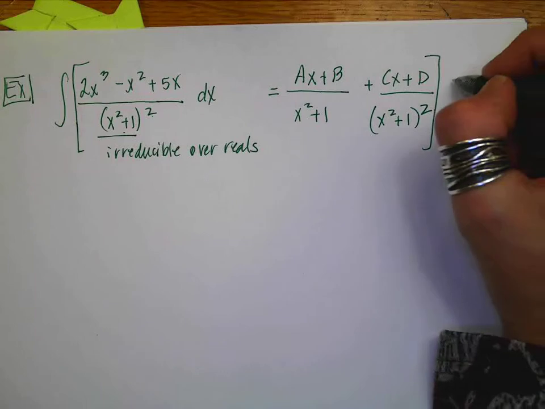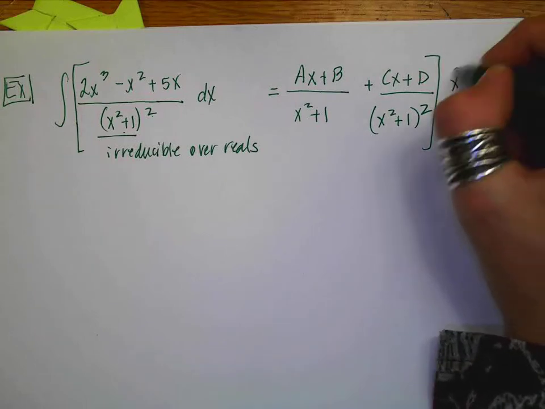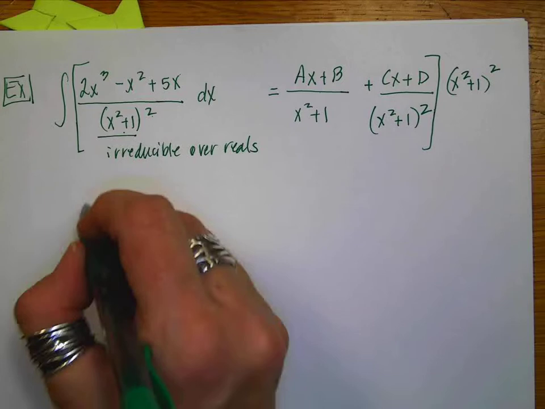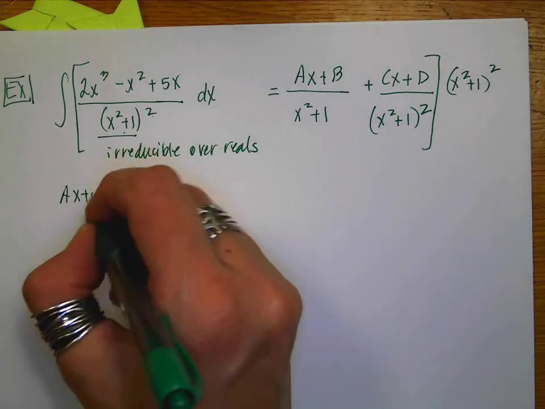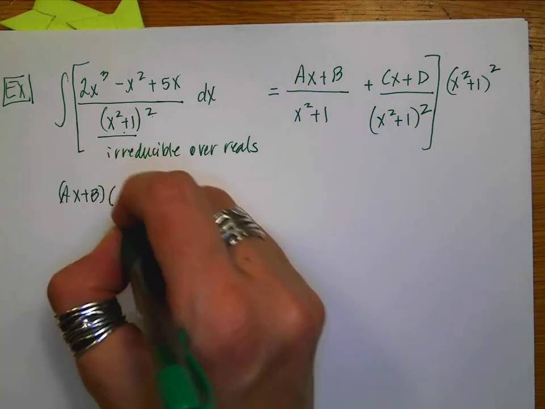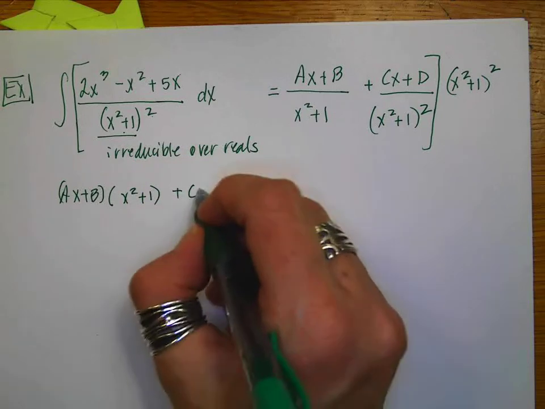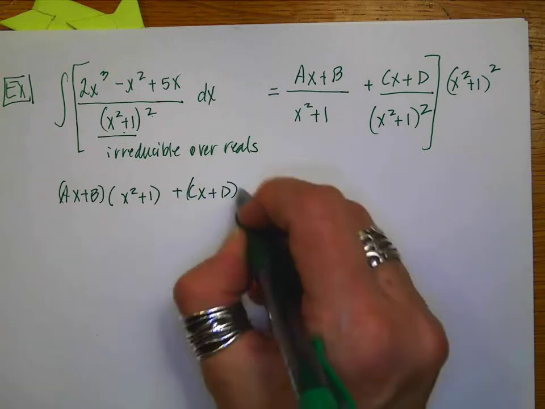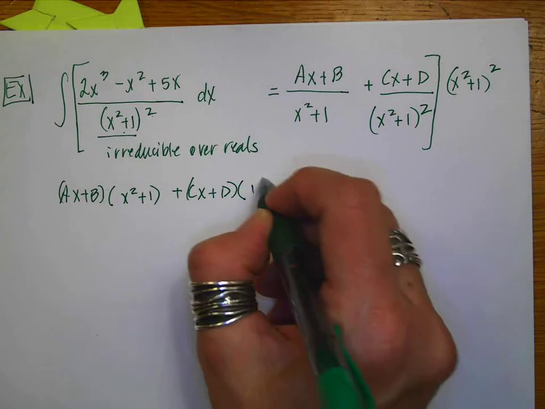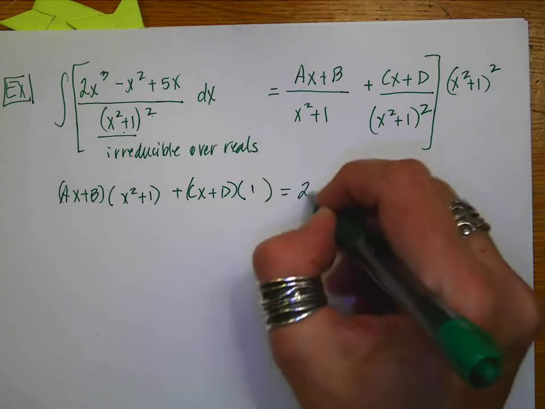So again, I'm just going to show you in case you need another example, and I'm going to multiply it by x squared plus 1 squared. So the ax plus b is going to get multiplied by 1 of the x squared plus 1, and then the cx plus d is going to get multiplied by nothing.